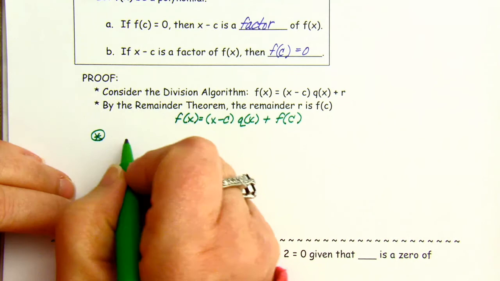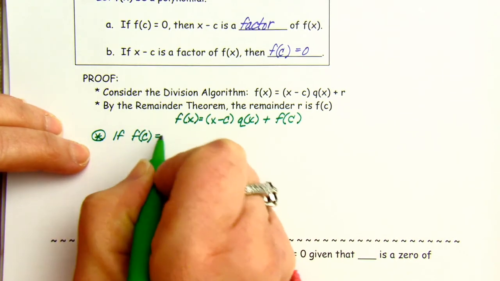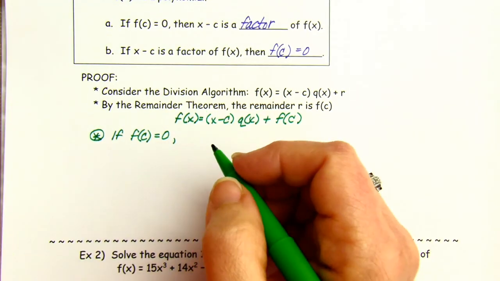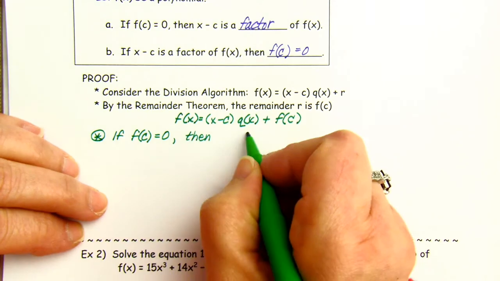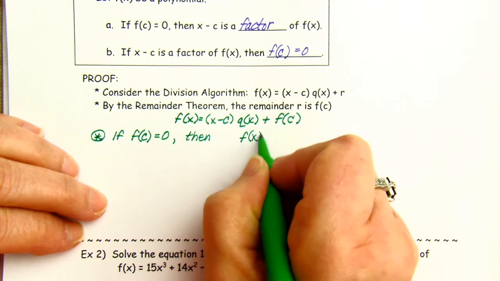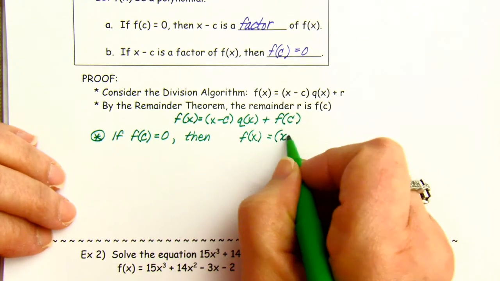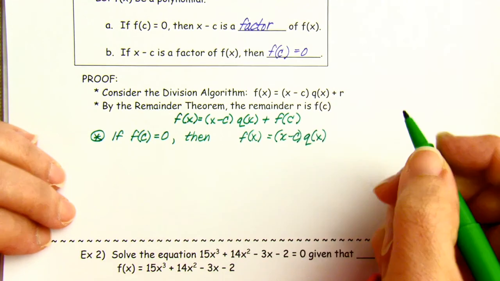If f of c equals 0, then f of x equals x minus c times q of x plus 0, right?